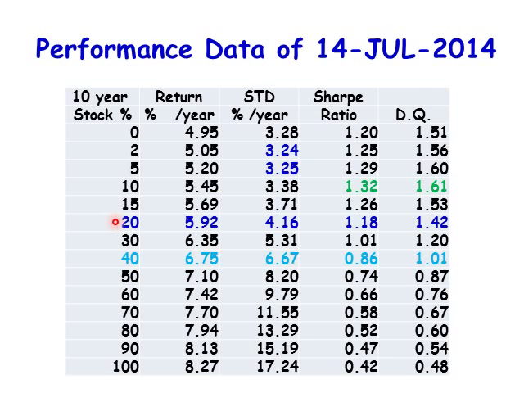Here are the results for a 20% stock allocation. Standard deviation is 4.16, very good, and the return is 5.92% per year. Sharpe ratio is 1.18 and the desirability quotient is 1.42.